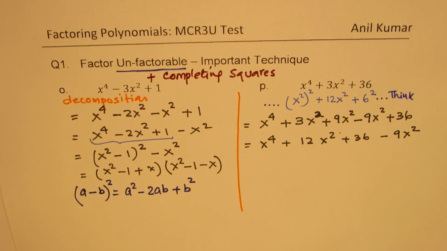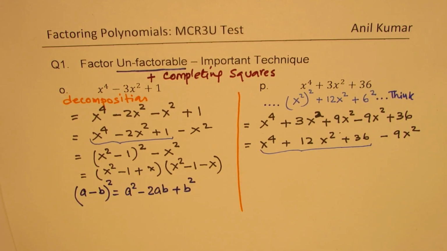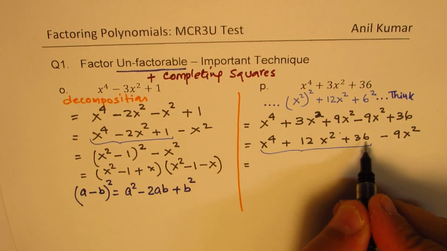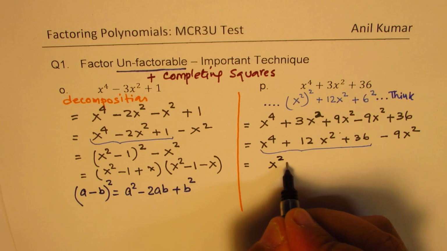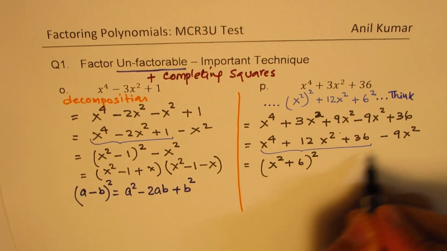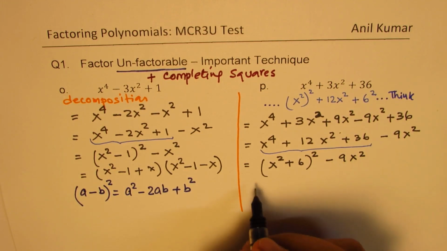So doing this, we have formed a perfect square. Correct? Now, we'll combine these three terms and they can be written as x squared plus 6 whole square. We have a perfect square here also, which is 9x squared, which is 3x whole square.